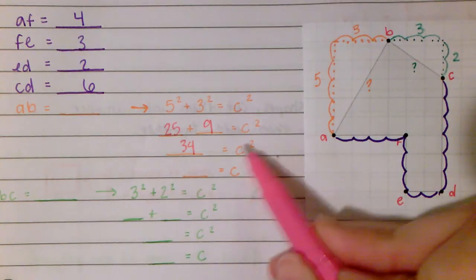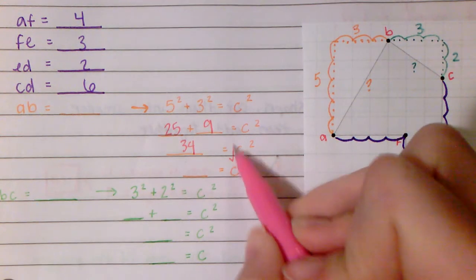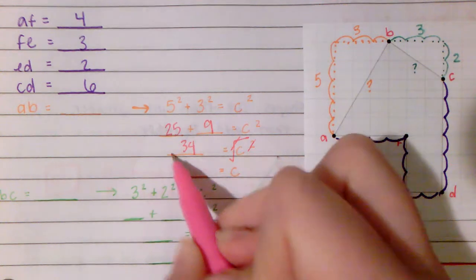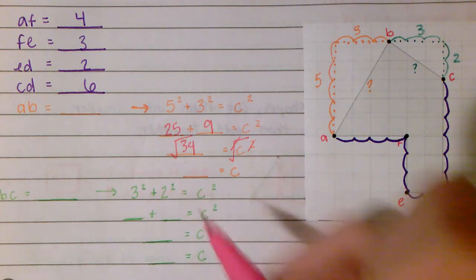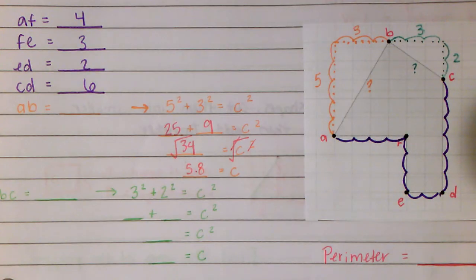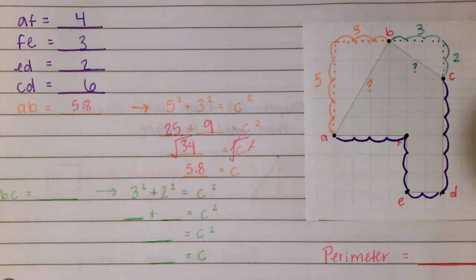And then to get this by itself, to undo the squared that we see, we have to square root, because those will cancel each other, leaving the c. But if you do it to one side, you have to do it to the other. So the square root of 34 is 5.8. So that's going to be the length of AB, 5.8.